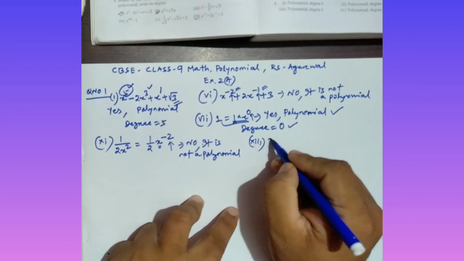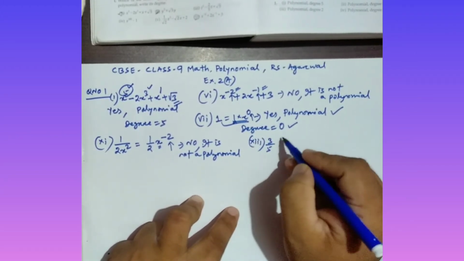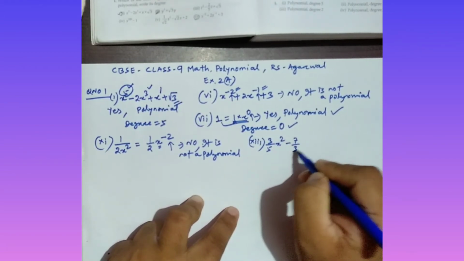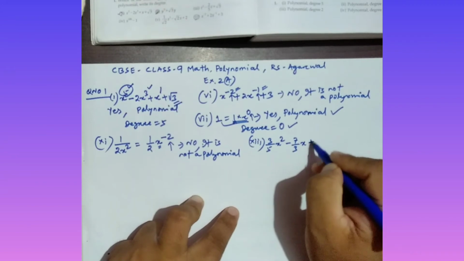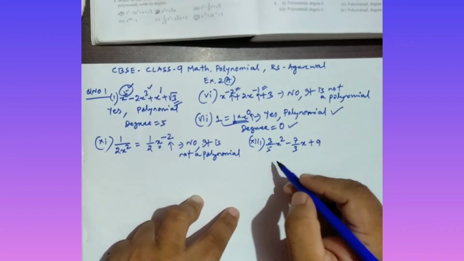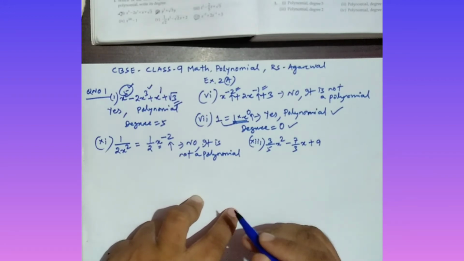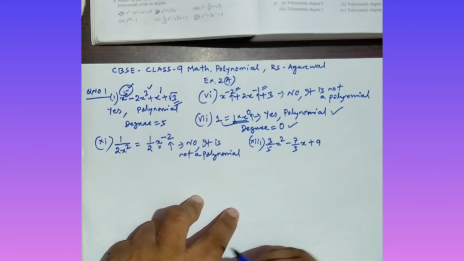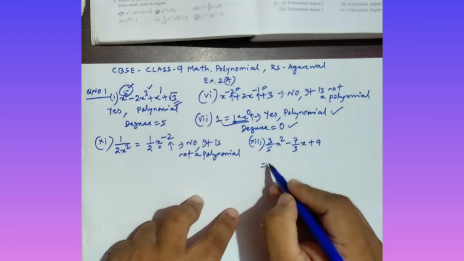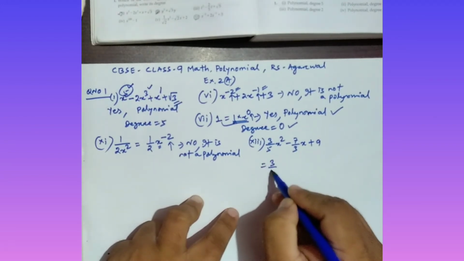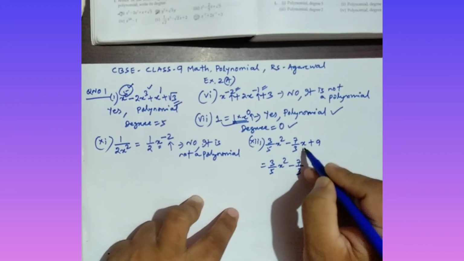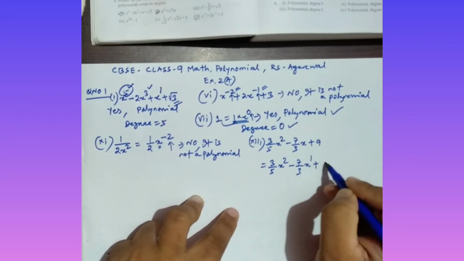Okay, the question is 3 by 5 x square minus 7 by 3 x plus 9. Very interesting question. Now look at here. You have to check the variable and its corresponding power part. So this can also be written like this: 3 by 5 x square minus 7 by 3 x to the power 1 plus 9.